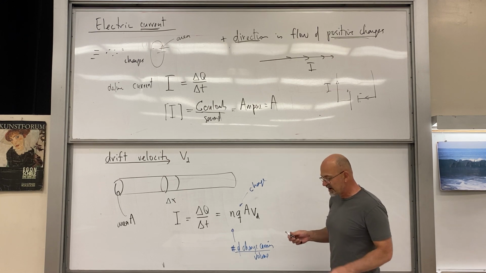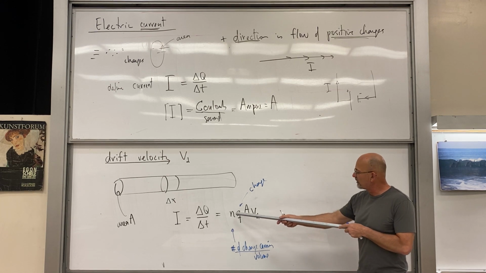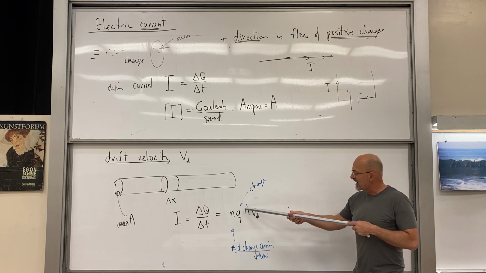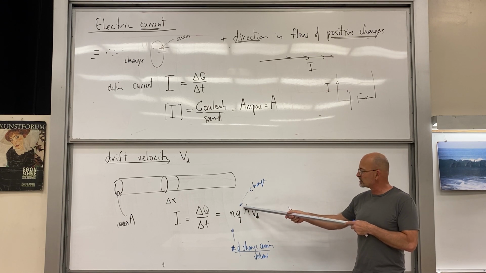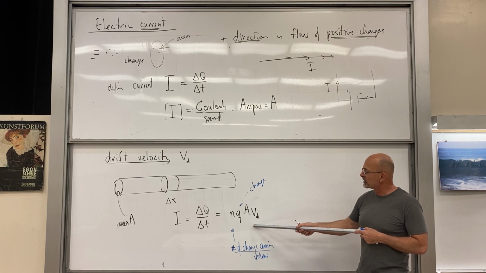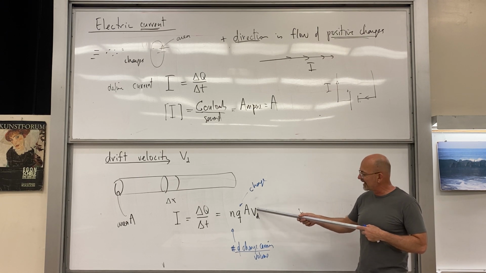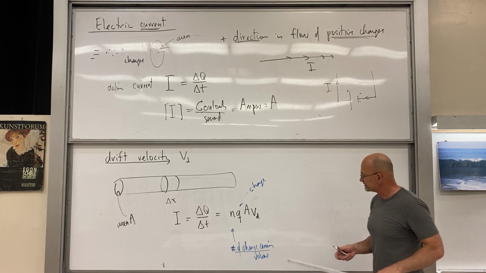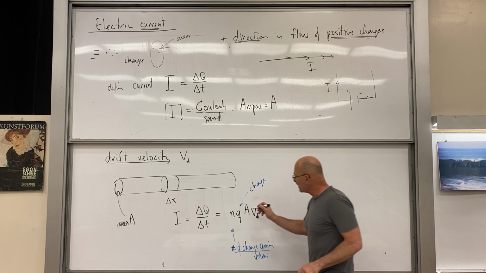So you can check your dimensions. You've got number per volume, so you've got charge per volume times area, that's charge per length times length over time. So that cancels the length and it turns into charge per time, which is what we had here.